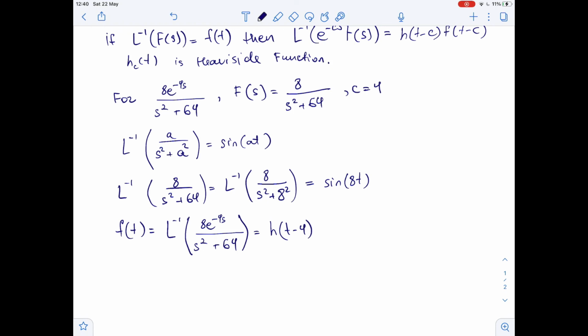So we have found that c is equal to 4. Now we just substitute it here, times sine of 8 times (t minus 4). And well, this is our answer. This is our inverse Laplace transform which we had to find.